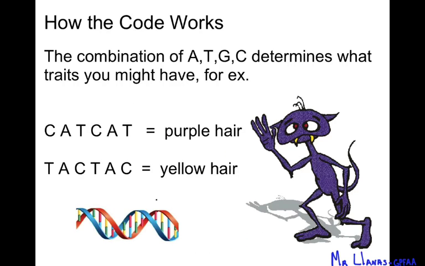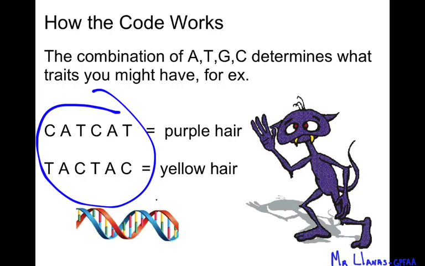Now the combination, like I said earlier, of the bases A, T, G, and C determines what traits you're going to have, right? Like if you look at these letters that I have here, they're the same letters, C-A-T, in both parts, right? But this one says cat.